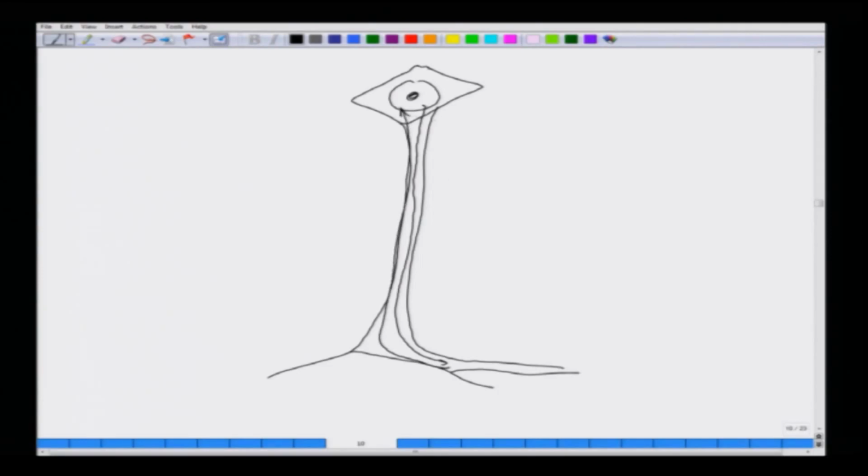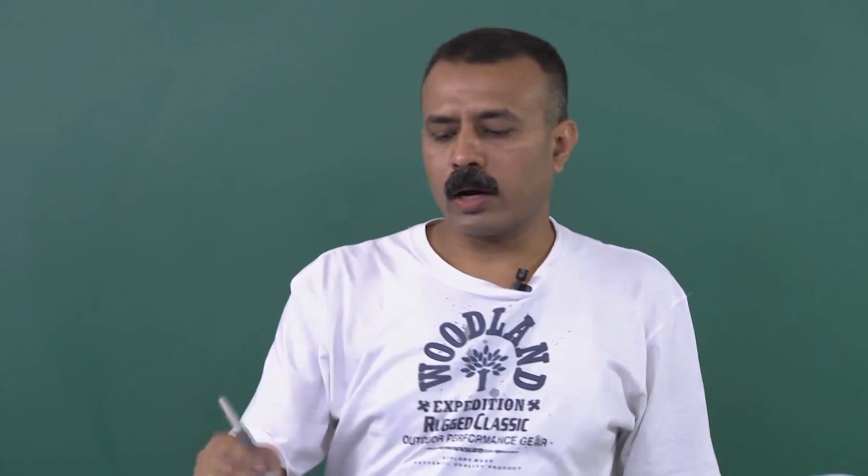And this whole transport mechanism is very, very essential, because in several neurodegenerative diseases it has been observed that this transport phenomenon is obstructed. So, this is called trafficking.